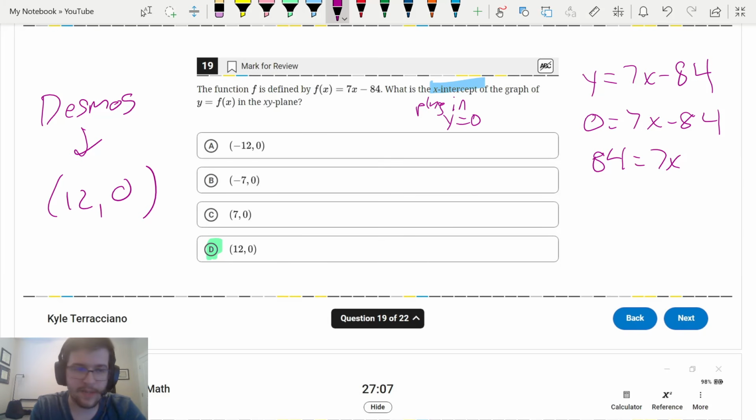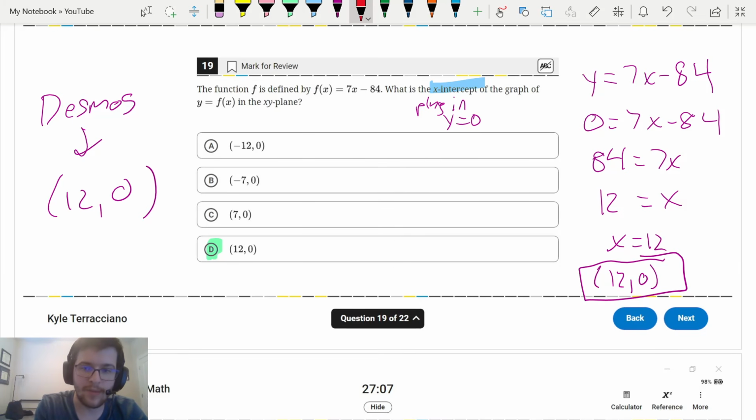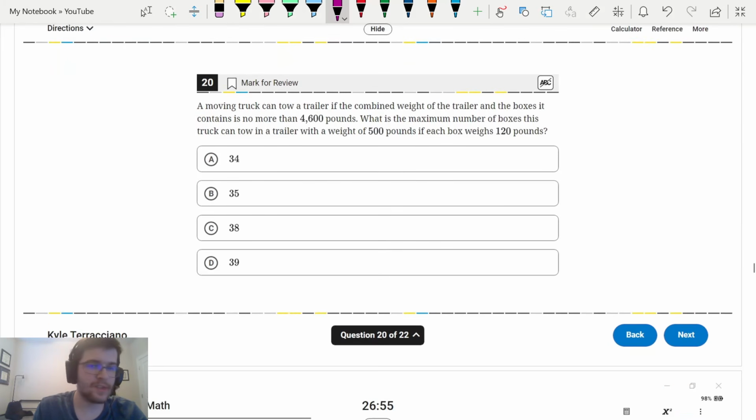And you divide both sides by 7, and you get 12 equals x, or x equals 12. And remember, we set y equal to 0, so that means it's 12 comma 0. Again, right away, you can tell the only one with 12 as an x coordinate is D. All right, great. 20.